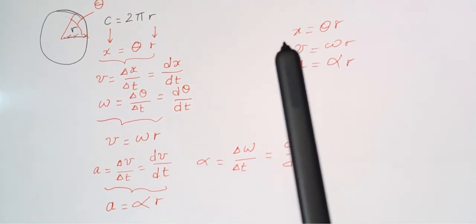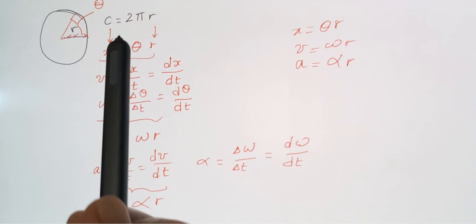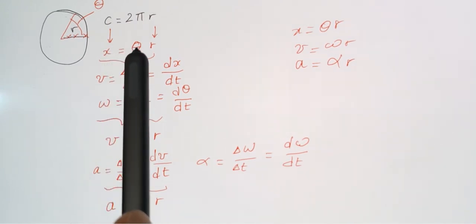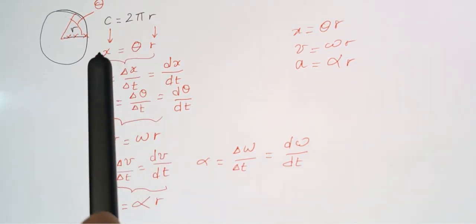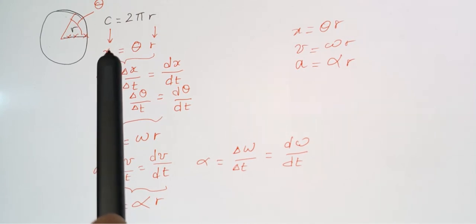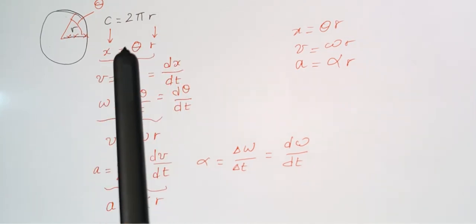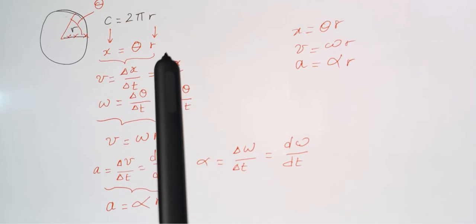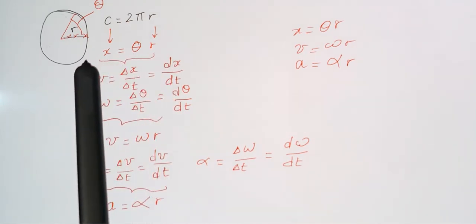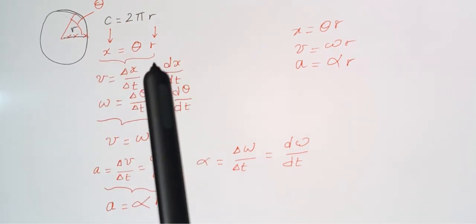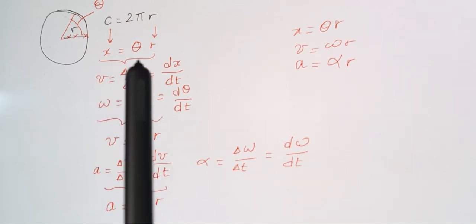We start from a very basic thing that we learn in grade 5 or grade 6. Circumference of a circle is 2 pi r. 2 pi is an angle, r is the radius, and the circumference is just a linear distance, a translational distance.